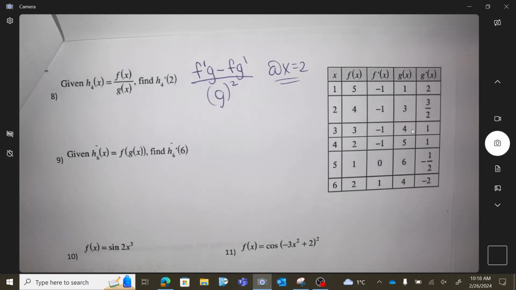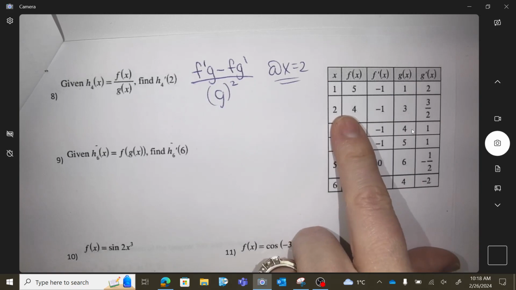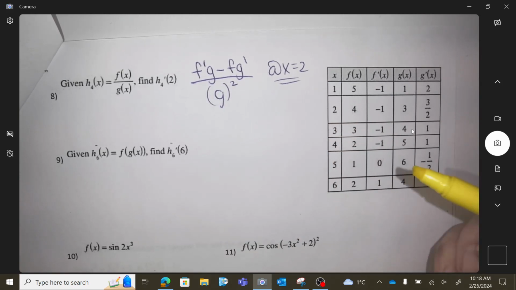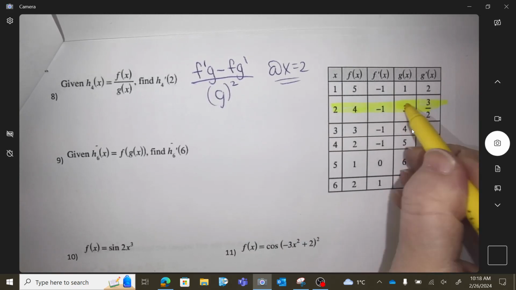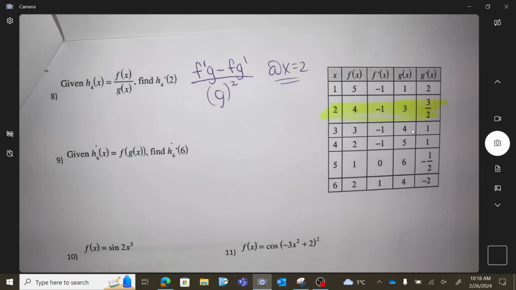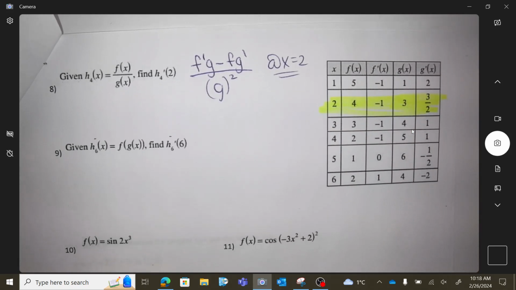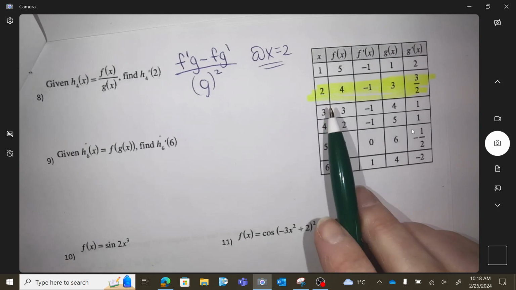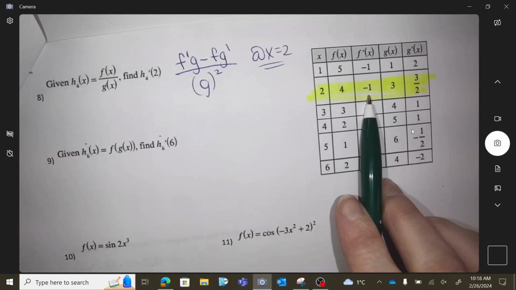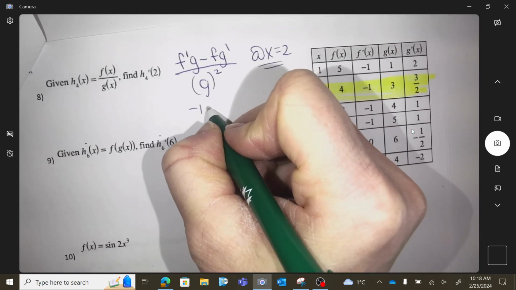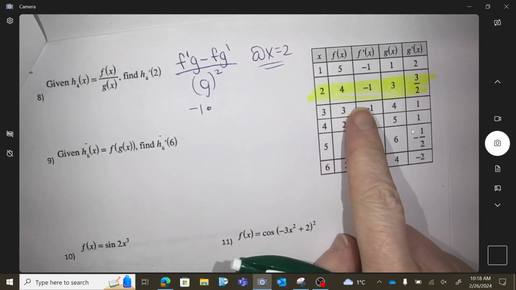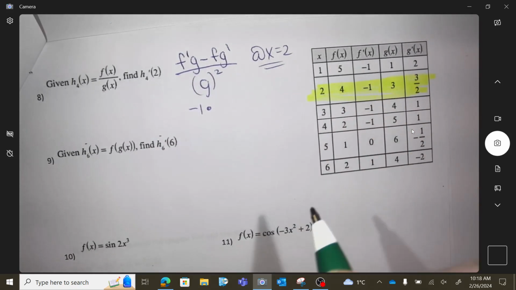So basically, I'm just going to highlight it so I can see this all. Okay. What's the F prime? So that's a -1. Times an original G, 3.